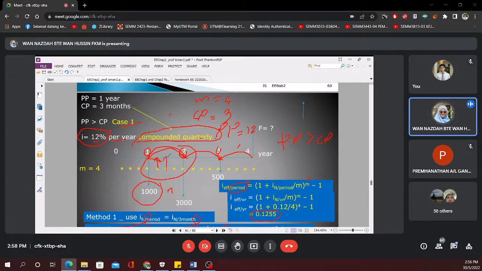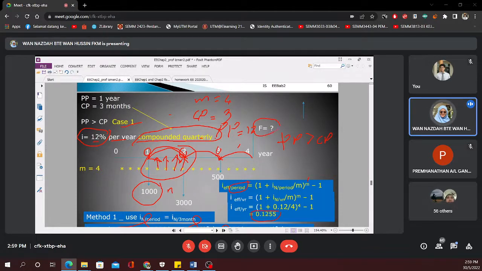Okay, meaning to say that this 12% is no longer 12% per year, so it's going to be more than 12%. So what is this I effective? So you need to use this formula. So your I effective will be 0.1255 or 12.55%.